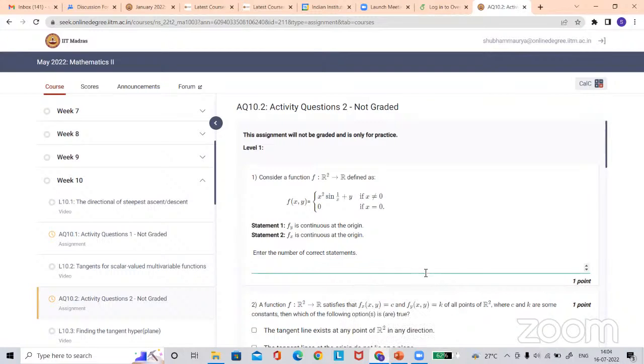I was not sure, because when we talk about continuity, we see whether the limit exists and whether it is equal to the value of the function at that particular point. So I'm assuming the point would be (0, 0). Which function do we put the values in, f(x, y) or the partial derivative functions? Okay, let me take this function.